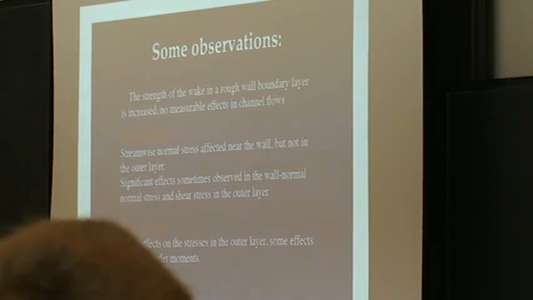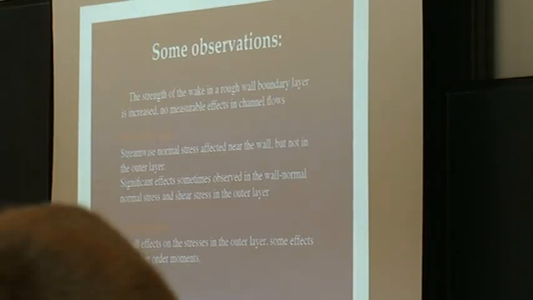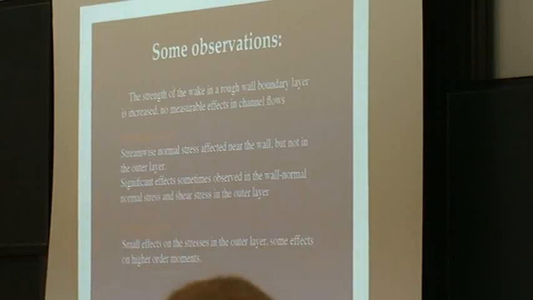And you can argue that it should be like that, because if you increase the skin friction by, say, a factor of 5 or something, then you increase the growth rate of the boundary layer, and therefore there should be a much higher entrainment from the outer flow into the boundary layer, and that should be detectable in the strength of the wake.